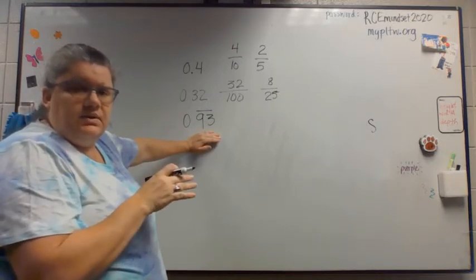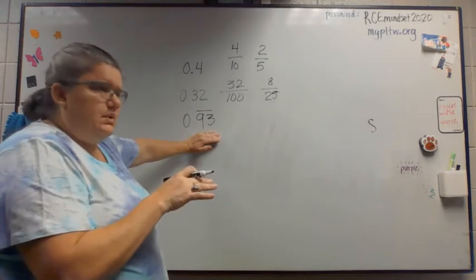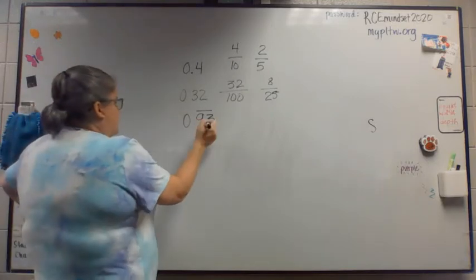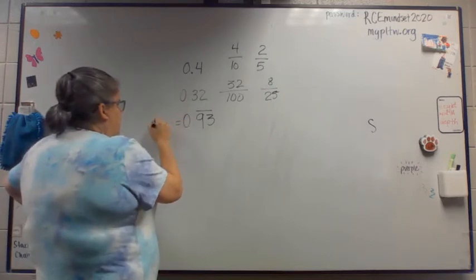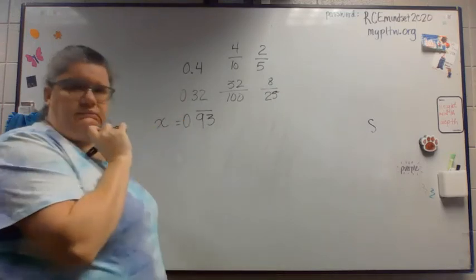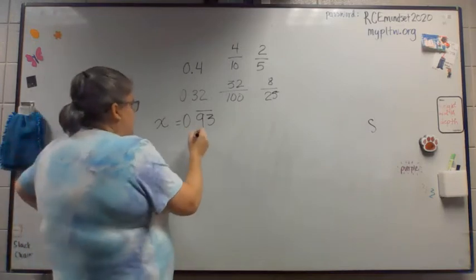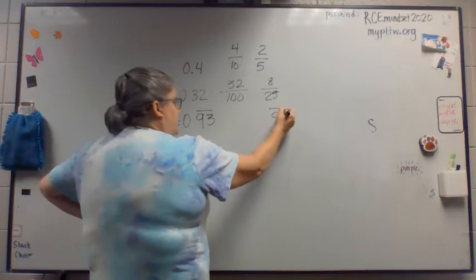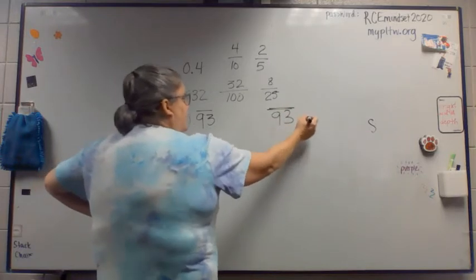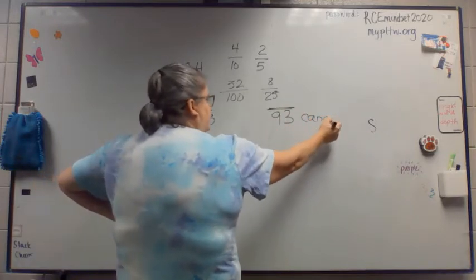But since it does have the bar notation, it's not that simple. So we're going to establish that 0.93 repeating is equivalent to x. Okay? So we want to move this decimal so that we have 93 repeating left behind the decimal, so they will cancel.